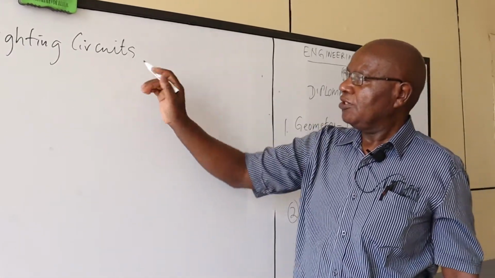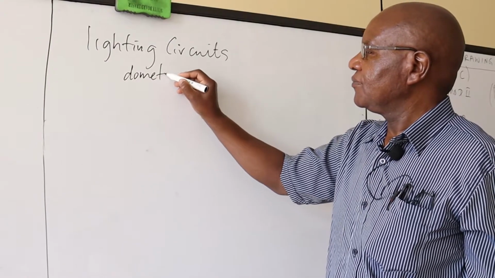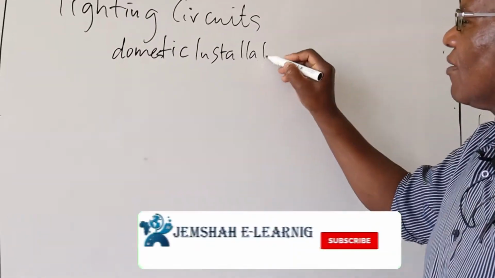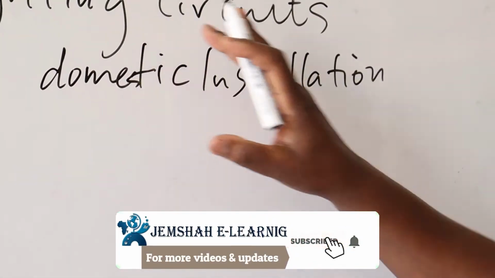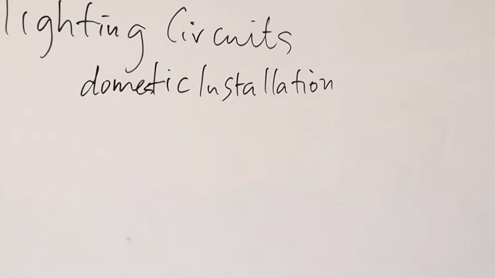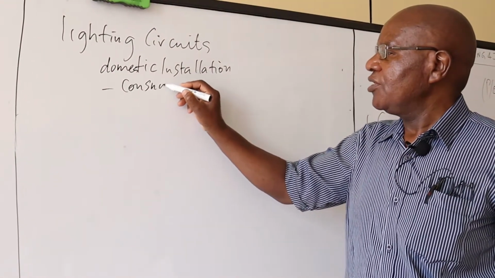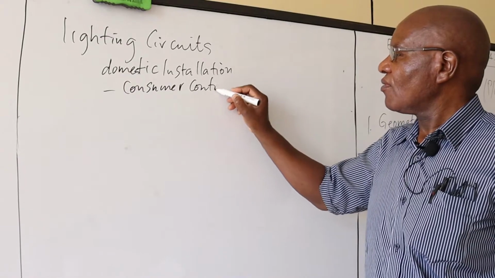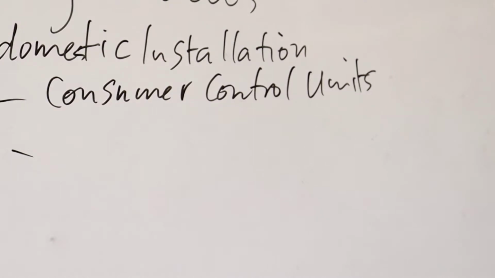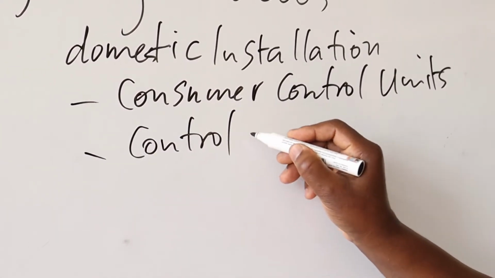So before we deal with this one here, we shall also look at the power supply to a domestic installation. Again, how is it connected to the final substation and then supplied to your connection. And then here we'll talk about the consumer control unit. And then from here, we shall talk about the controls of the lighting.